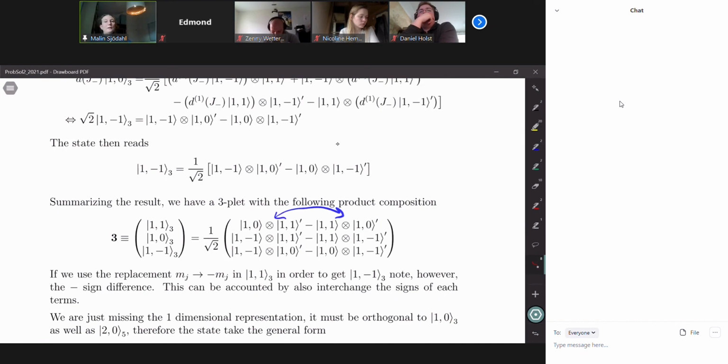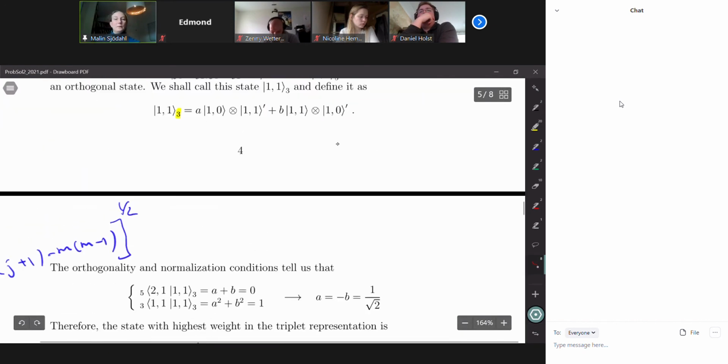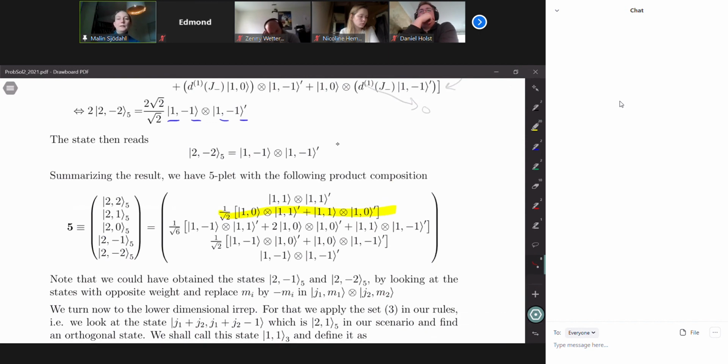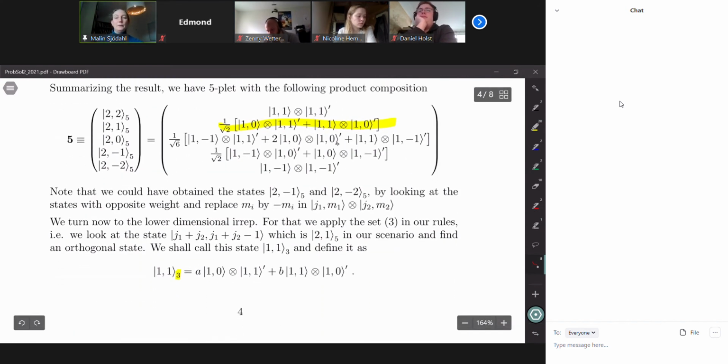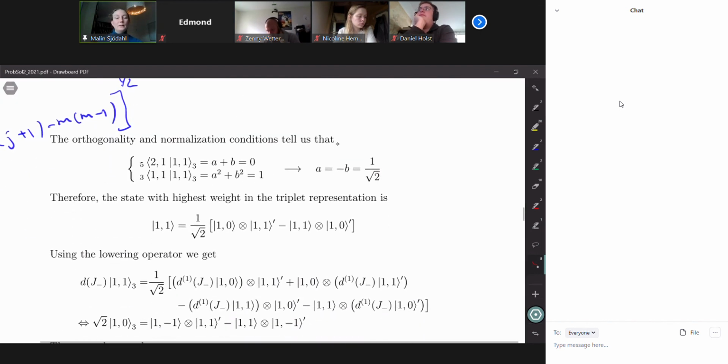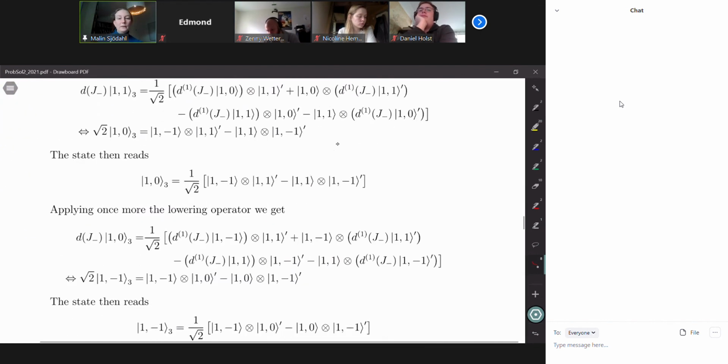Whereas if we take a look at what we had before here in the 5-plet state, this is of course trivially symmetric because we have the same thing here and here. So exchanging them, nothing happens. We get back exactly the same thing. And this is also symmetric, and they are all symmetric, because the symmetry is preserved when we act with the step operator, as the step operator acts in a symmetric way, either on one of them or on the other one of them.